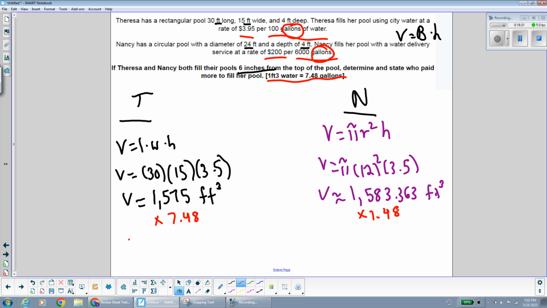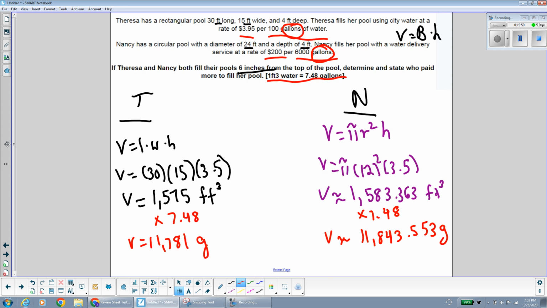So I have that this volume is 11,781 gallons. And I have that this volume, let me do that one on my calculator now, is approximately 11,843.553 gallons.